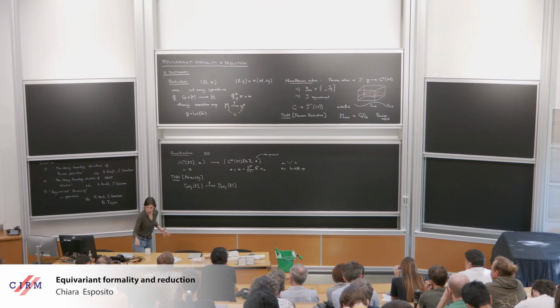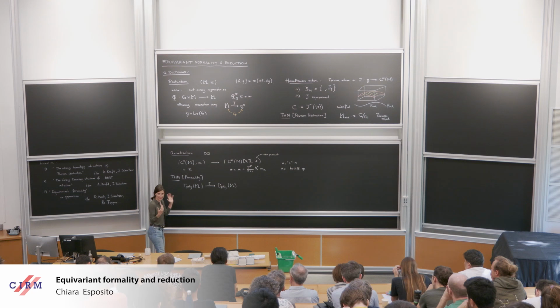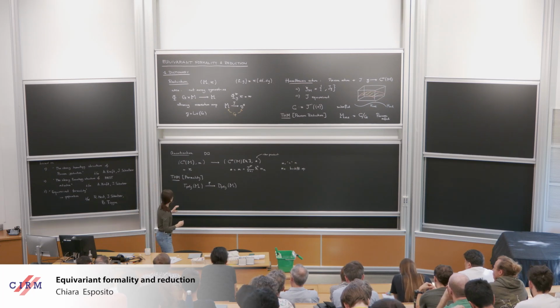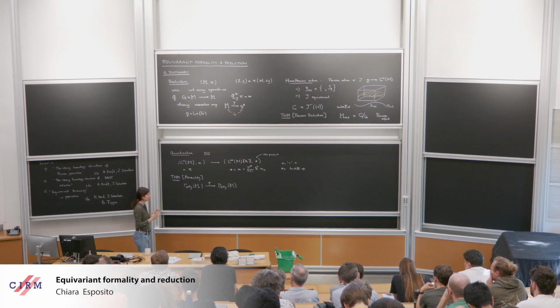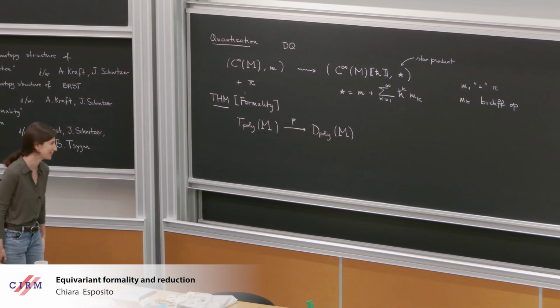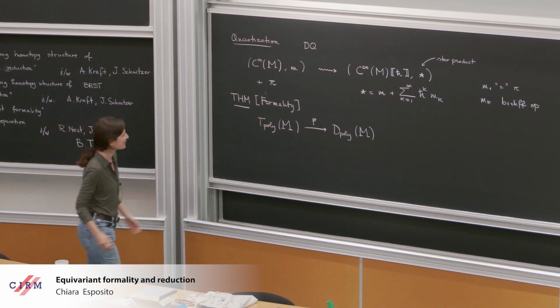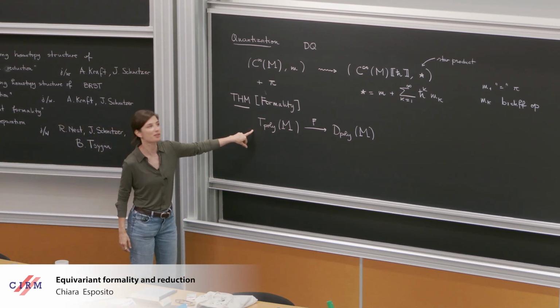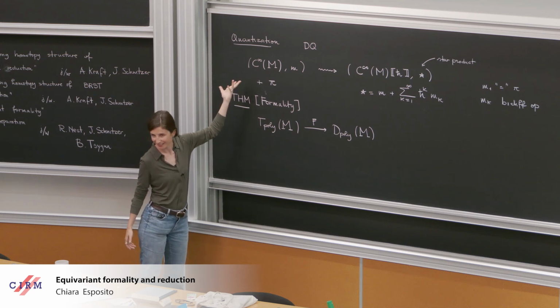So I know, I mean, most of you know exactly what happens here. I just want to refresh a little bit what happens, also because I have to focus on some aspects that I need then to extend to equivariant formality. And I've seen that most of you have a different kind of formality in mind. So I want to refresh a little bit. So why does this theorem actually solve this question?